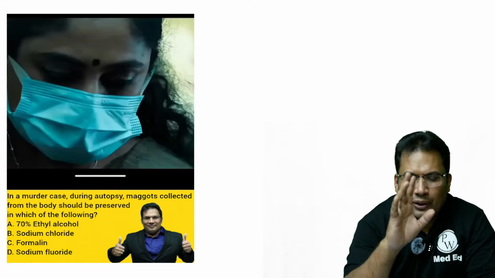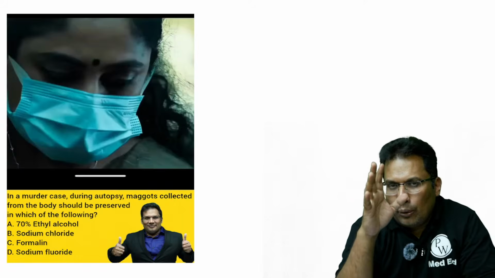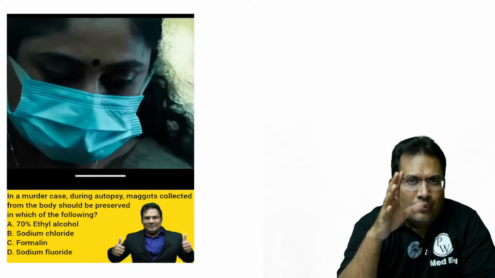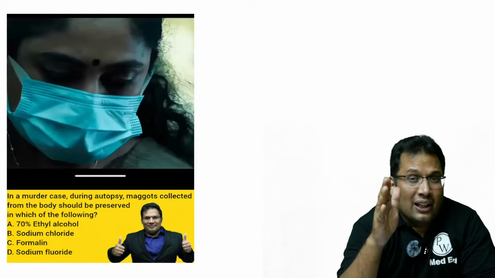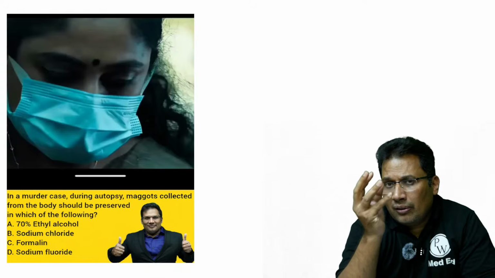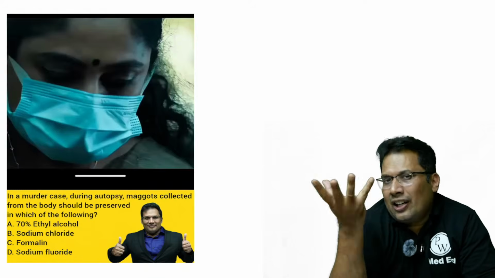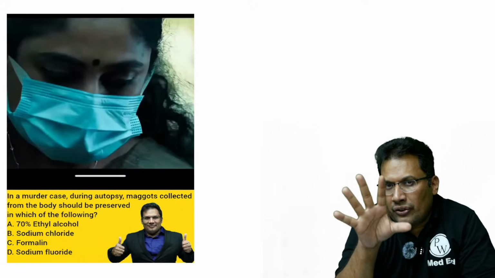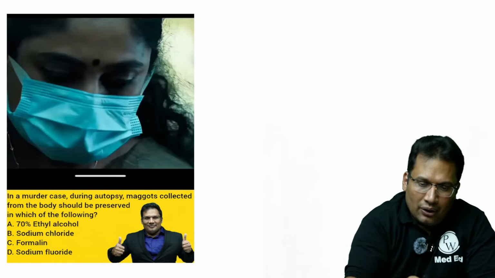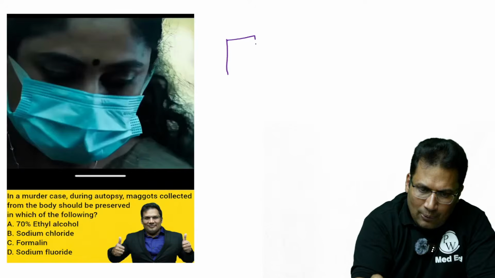See, in case of maggots, the maggots are collected. Some live maggots are collected along with a piece of quadriceps femoris muscle or deltoid muscle. Live maggots in one bottle, okay, in 2 bottles. So example, this is bottle number 1. So this is bottle number 2.